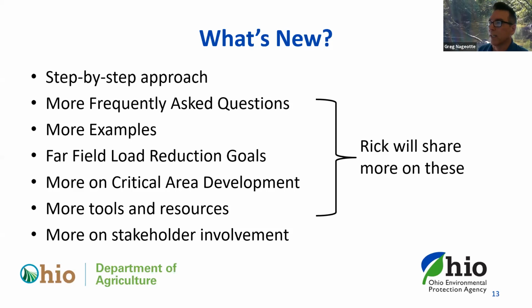We have a lot more examples to share, so we'll be taking advantage of that. I already mentioned the far field load reduction goals and obviously more on critical area development, more tools and resources, fortunately, and more on stakeholder involvement. You should continue to hear these themes as we move forward.